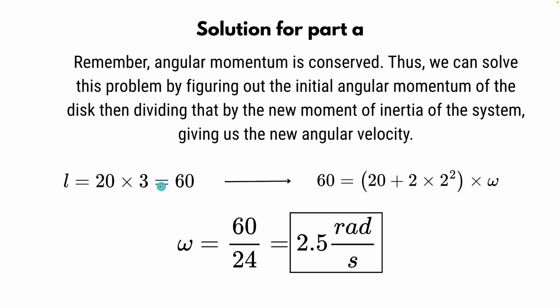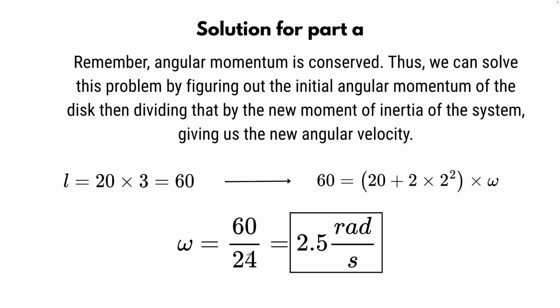The initial angular momentum turns out to be 60, and now we have our new moment of inertia for our system, and the angular velocity we're solving for. This should be 28. Sorry, this is actually incorrect.